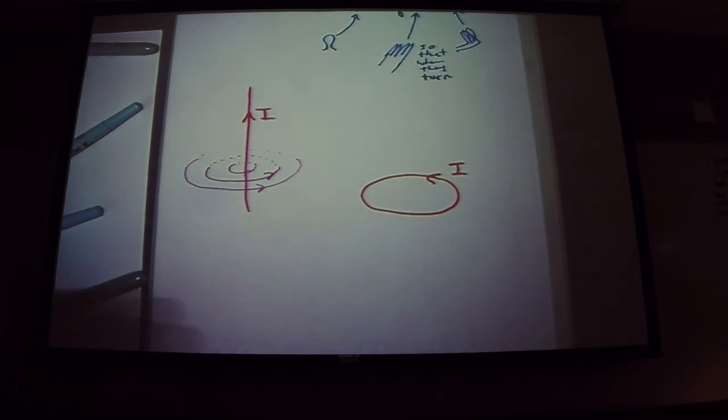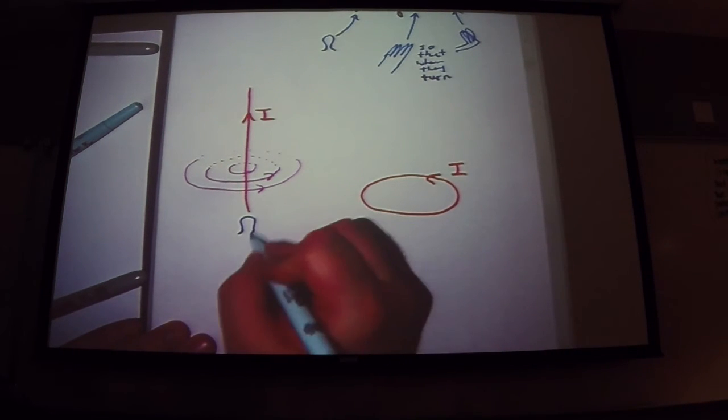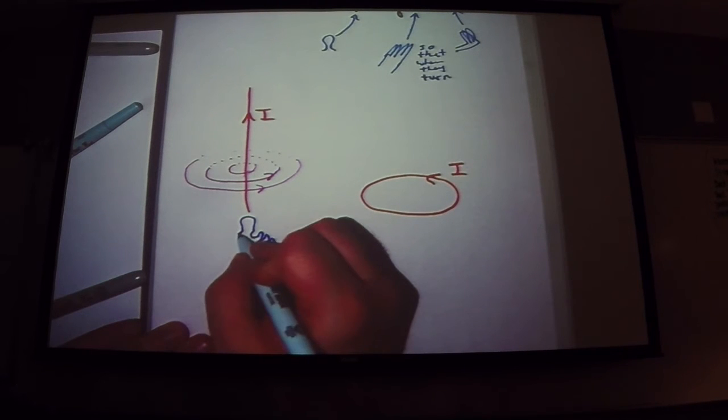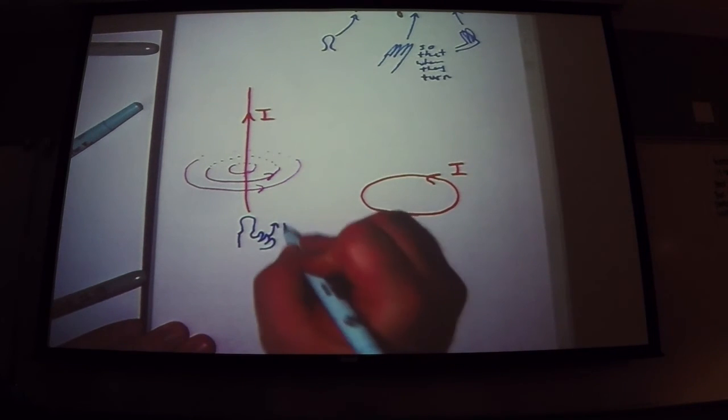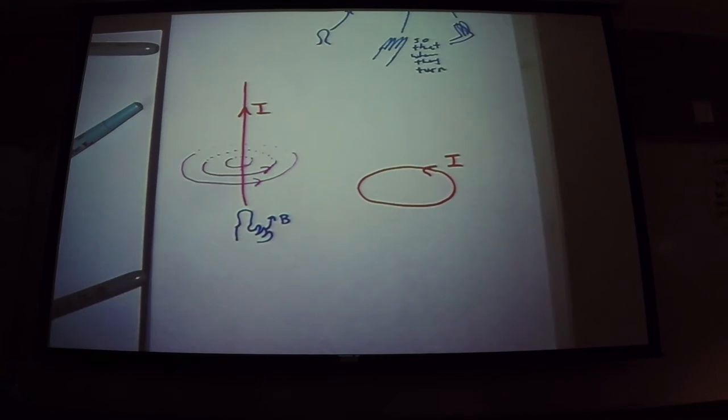So for that one, the thumb goes in the direction of the current, and the looped fingers are in the direction of the magnetic field. And so you have to remember that in this case, it's the magnetic field generated by the current.